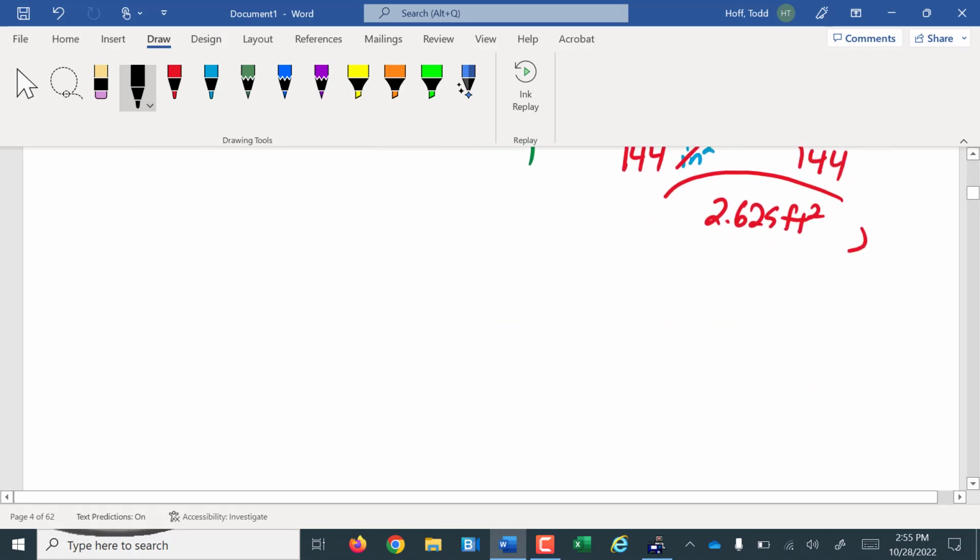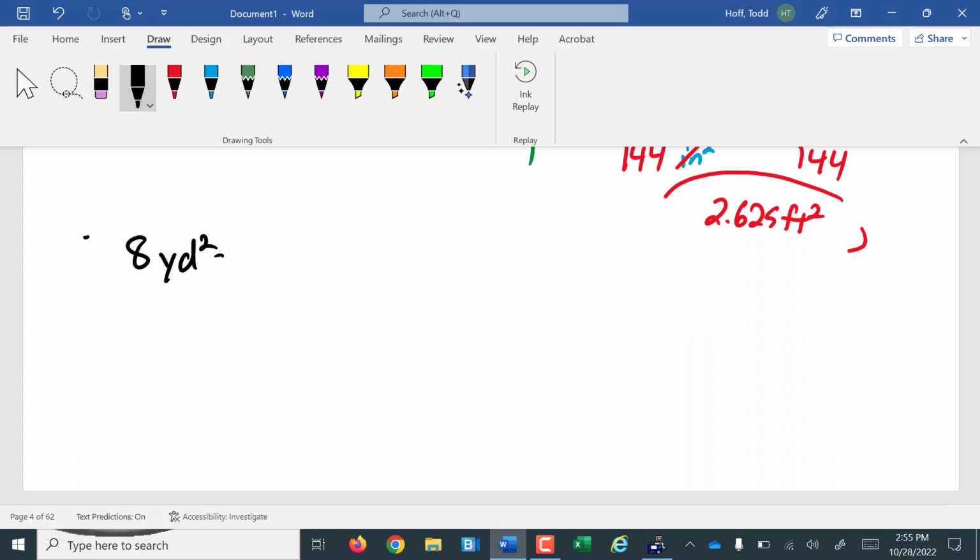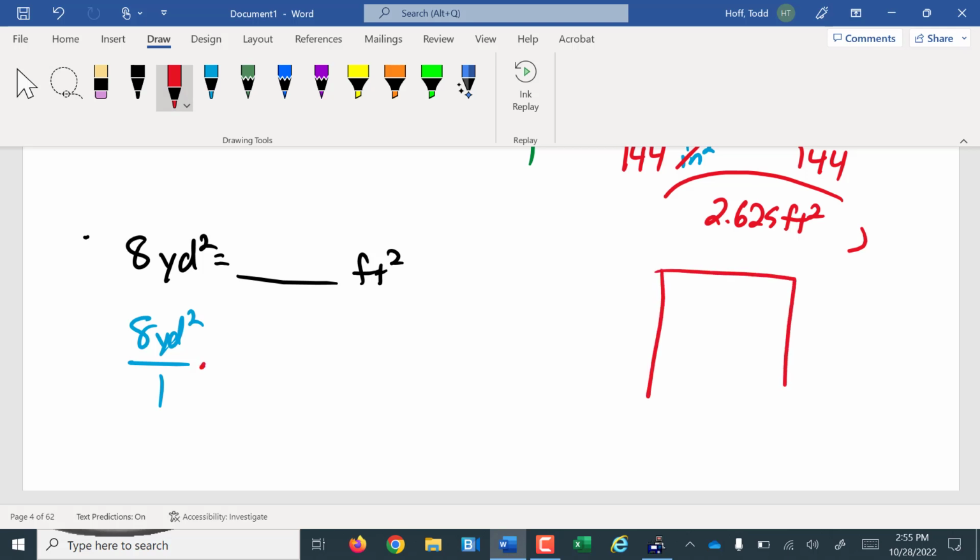How about, let's just do this. What if I have 8 square yards and I want to know how many square feet that is? There's 3 feet in a yard, but remember 1 square yard is defined to be a square 1 yard by 1 yard.